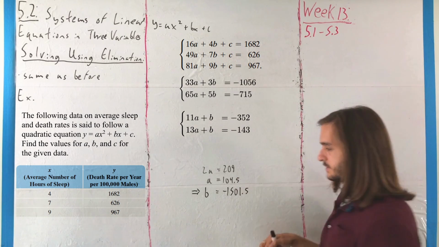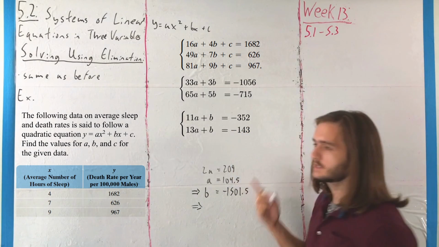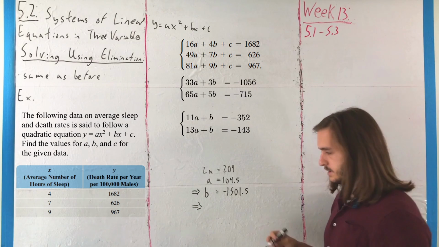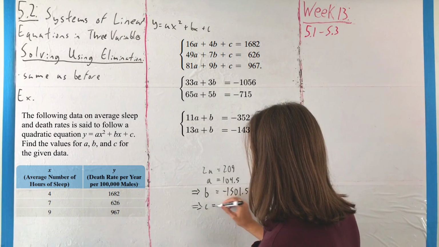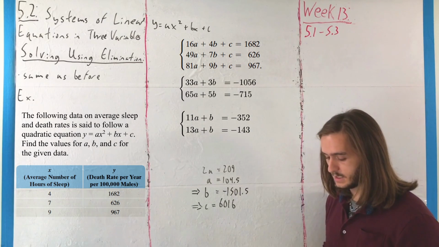And then from there, you plug both of these back in. Again, I'm being a little bit brief here because I'm short on space with all of the linear algebra that had to be done up there. You'll get that c would have to be 6,016.